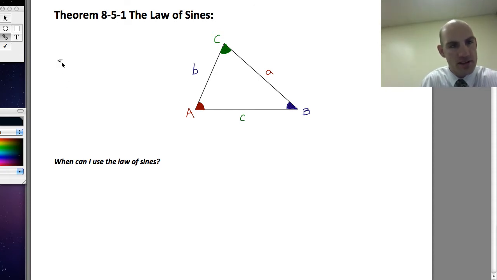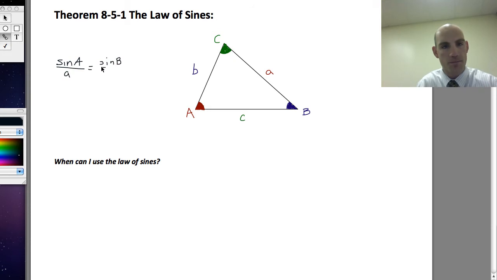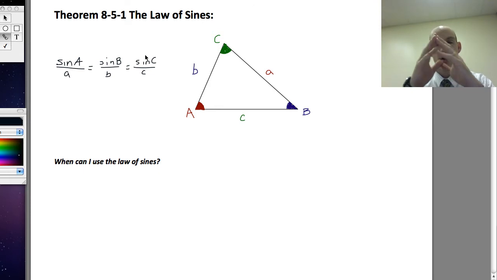And the law of sines says this. If I'm going to take the sine of A, whatever A happens to be, A is an angle, and I set up the ratio of sine A over side A, that's going to be equal to the ratio of sine of B over B, and you guessed it, that's going to be equal to the ratio of sine C over C. This gives us a unique setup.